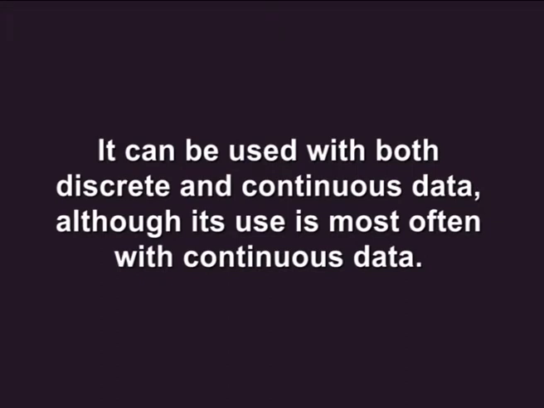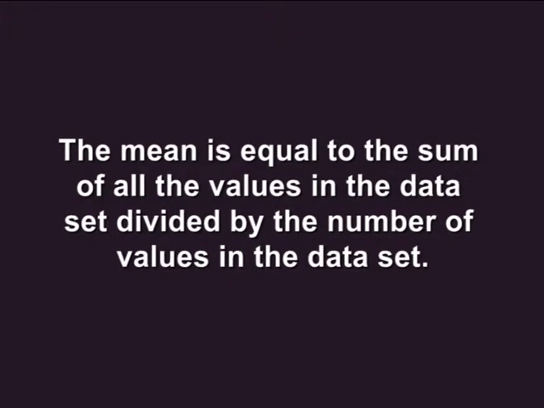The mean or average is the most popular and well-known measure of central tendency. It can be used with both discrete and continuous data, although its use is most often with continuous data. The mean is equal to the sum of all the values in the data set divided by the number of values in the data set.